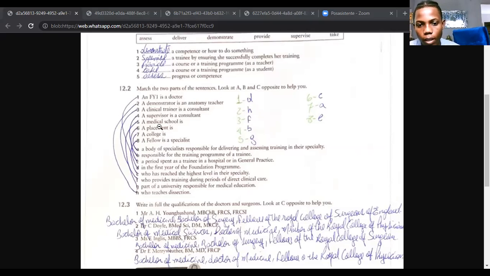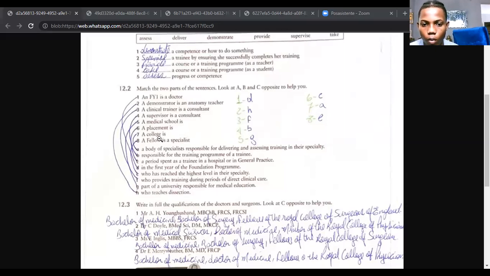5. La escuela médica es parte de la universidad responsable de la educación médica. 6. Una colocación es, por la C, un periodo donde el estudiante pasa tiempo en el hospital o en práctica general. 7.